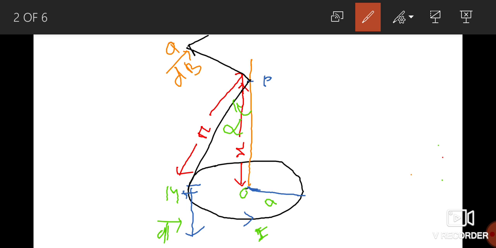Sometimes the question arises why we could not take it as theta, because we take the dl vector and r vector and the angle between them is theta. So how can we take the angle between r and x as theta? Let's take it as alpha.